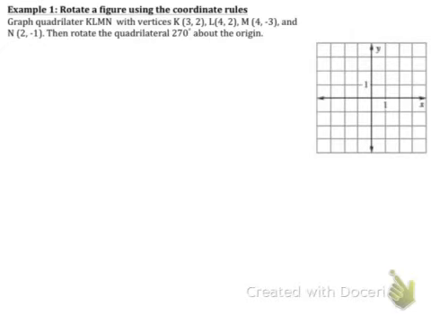Alright, so let's put these wonderful rules into use. We have to graph the quadrilateral. Apparently I have a typo, so it should say quadrilateral KLMN, and we have to rotate it 270 degrees counterclockwise about the origin. I like writing down the coordinates separately, so here we go.